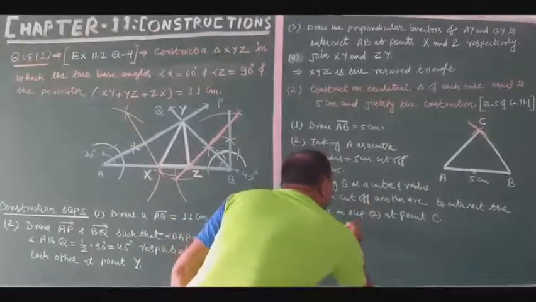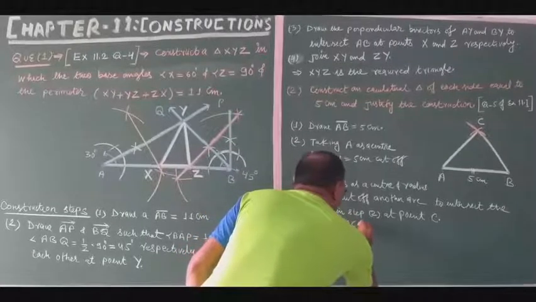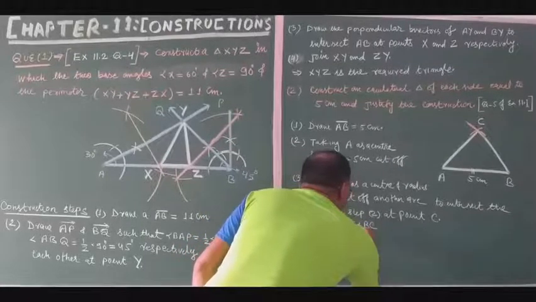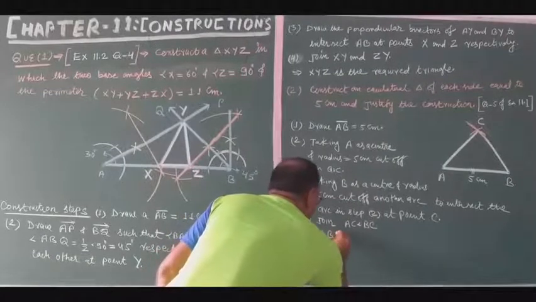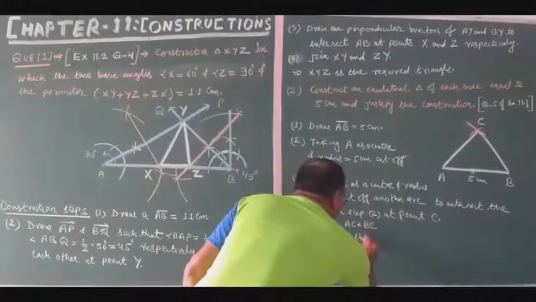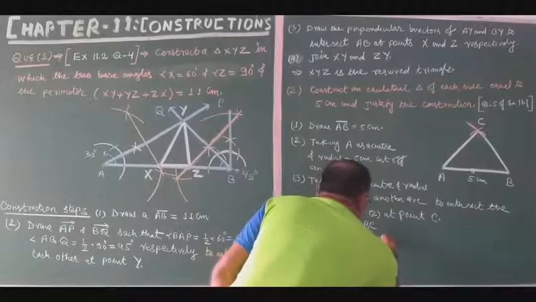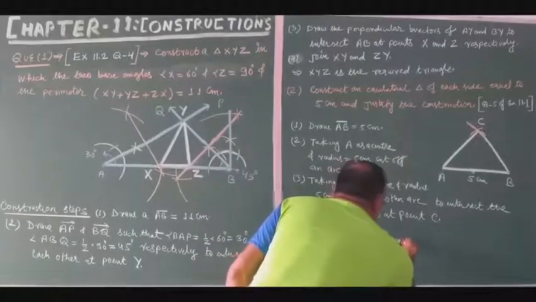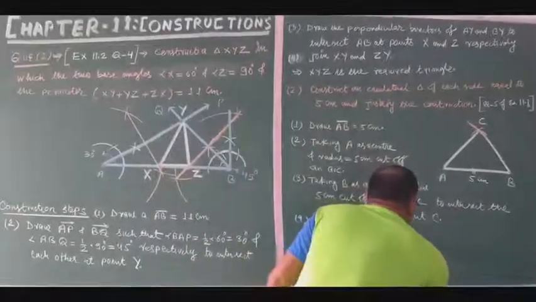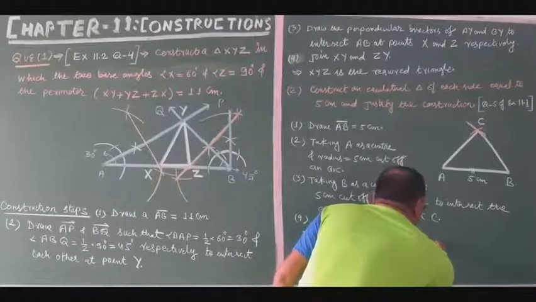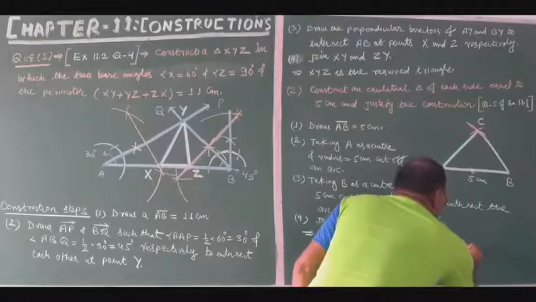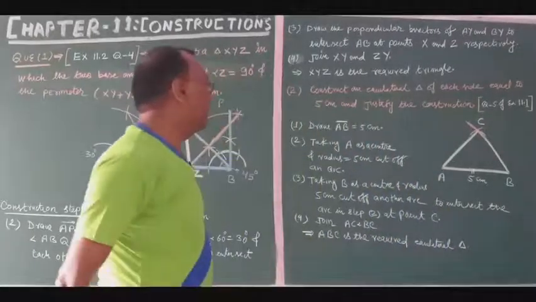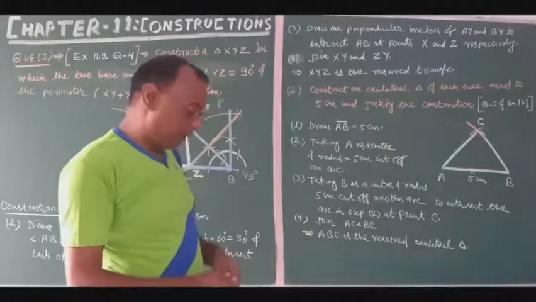Join this one, AC and BC. So thus ABC is the required equilateral triangle.